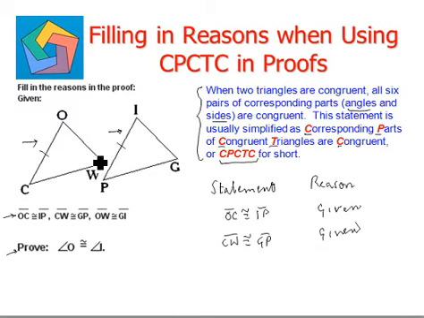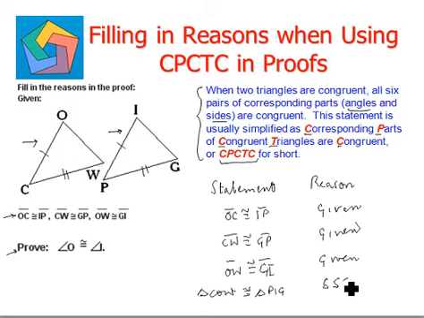Let's mark it CW and GP. Side OW is congruent to side GI. Again, that is given to us. That means triangle COW is congruent to triangle PIG with our SSS postulate, that is side, side, side.